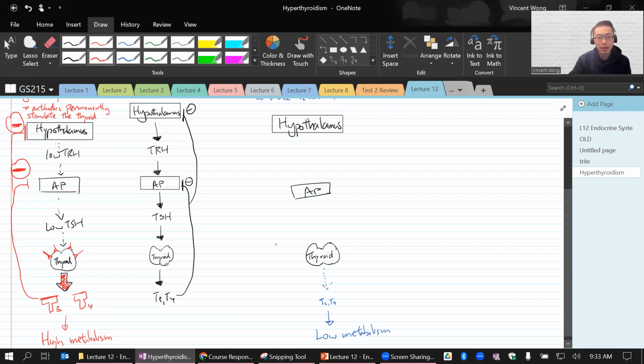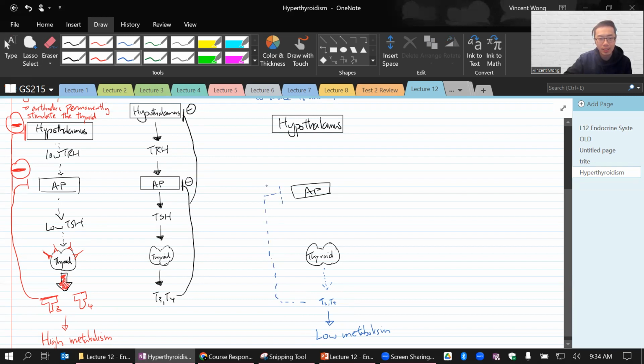Now let's take a look at this. Normally the T3 and T4 is going to have a negative feedback on the hypothalamus and the AP. But with low T3 and T4 levels, this suppression is gone. When I use a dotted line, it means it's gone.